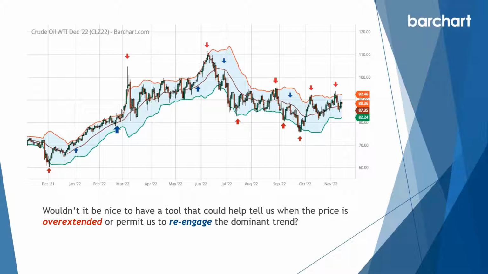In low volatility, the bands contract. In high volatility, they expand. Typically, we look for these moments as contrarian periods, alerting us that there's a potential change in volatility and price movement.